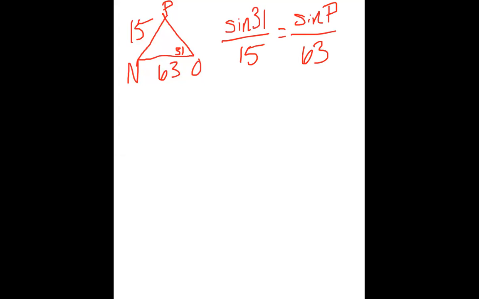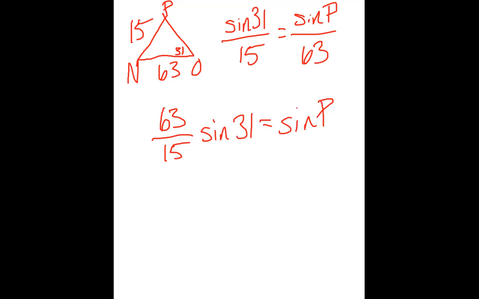So I'll go ahead and cross multiply. So we have 63 divided by 15 times the sine of 31 is equal to the sine of P. And when you end up taking the sine inverse, the number comes out to be 2 point something.